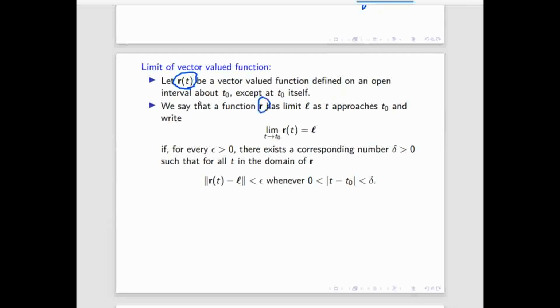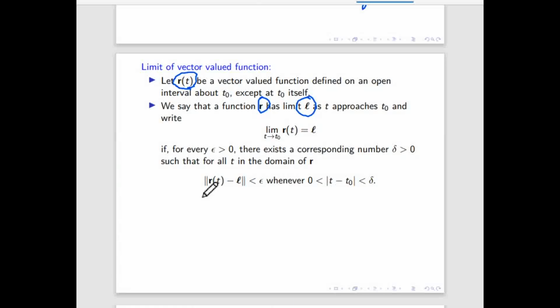So r is a vector, and L is also a vector, because a vector function has a vector limit. We say the limit is L if for every epsilon positive there exists delta such that the norm of r(t) minus L is less than epsilon whenever the norm of t minus t naught is less than delta. So you have to find the delta such that this is satisfied.